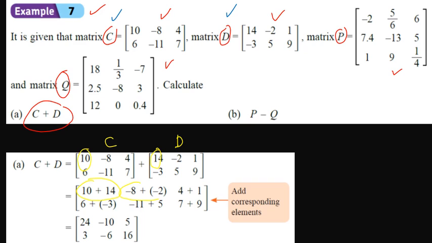And then all this, you add, and then you'll get the answer here, and you get back the same order. Okay, I think it does not need any explanation. Just be careful over here when you add.